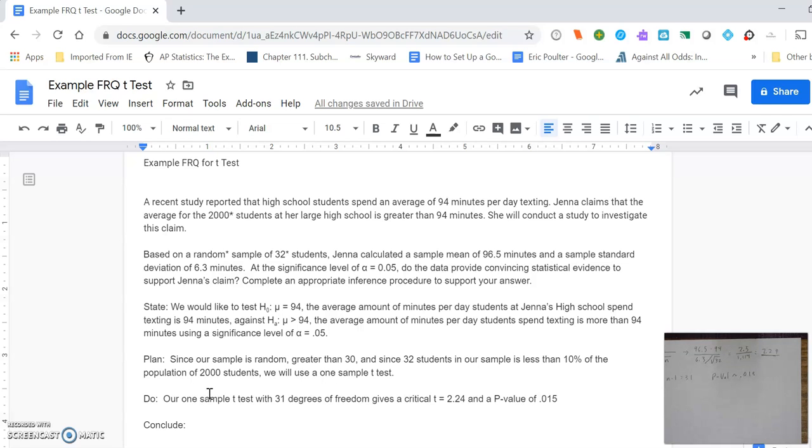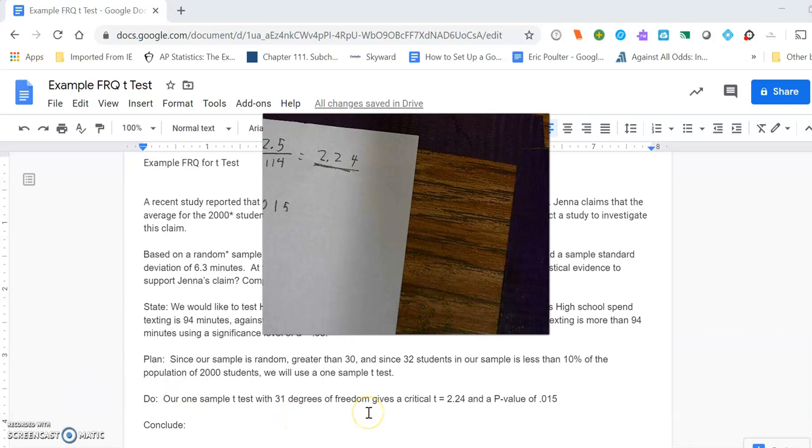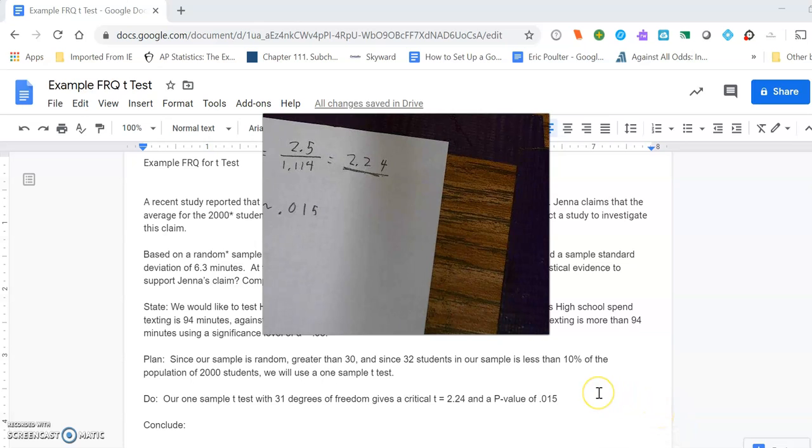And there you go, all done. It is a good idea to write your work on your paper, but I didn't on mine because obviously I'm just typing, so you'd have no way of seeing that. But yeah, there you go. There's your do portion.